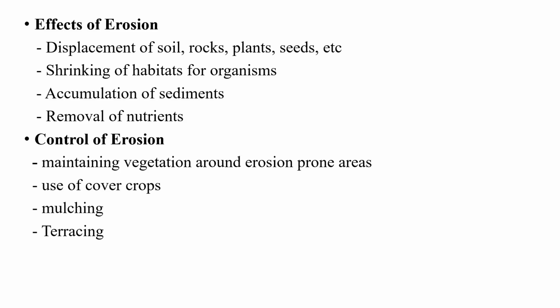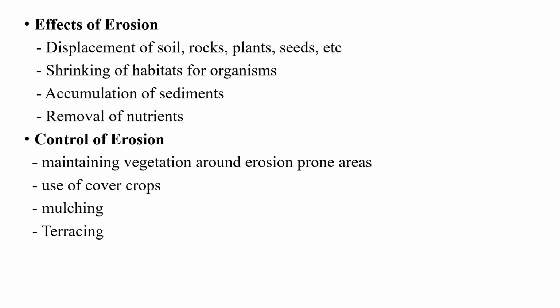So when erosion takes place, most of them will be eroded away. And when most of them are eroded away, some other organisms that live deep down, or some other plants that are there, will not be able to sustain themselves in that habitat again. So the habitat will be reduced only for some organisms that can survive in the environment.